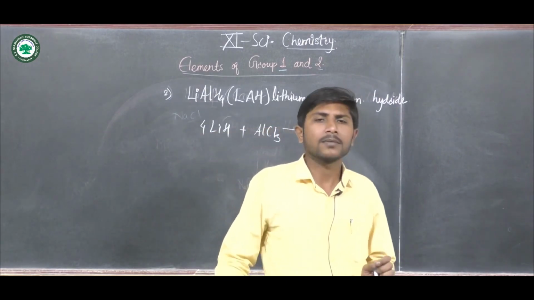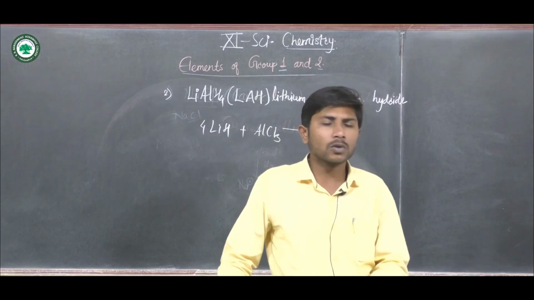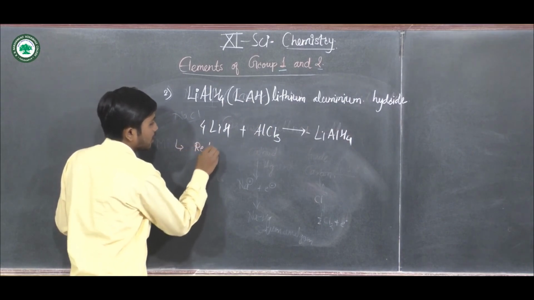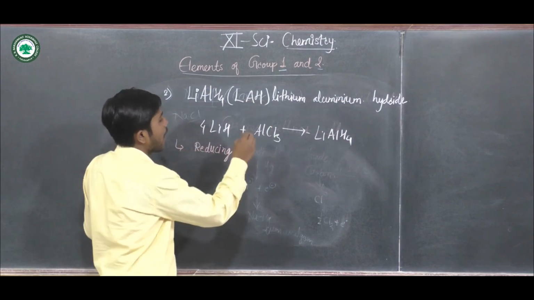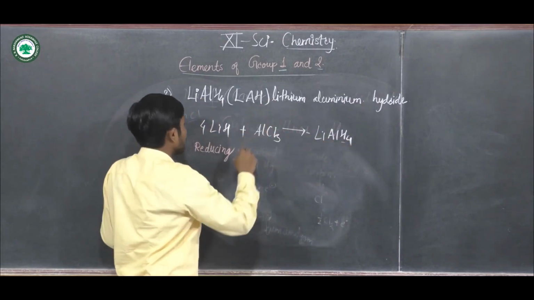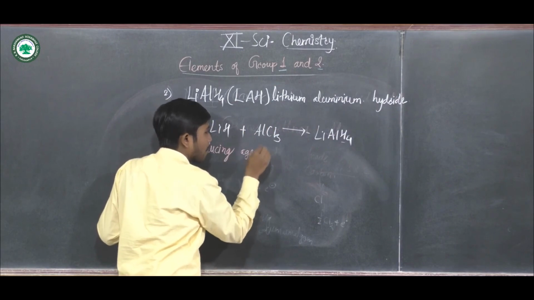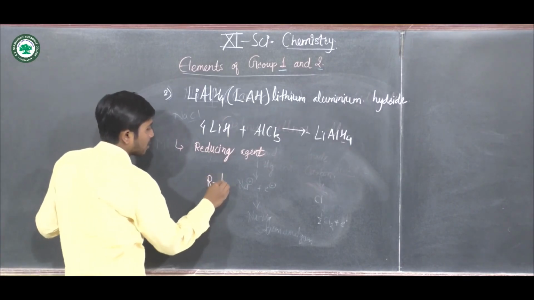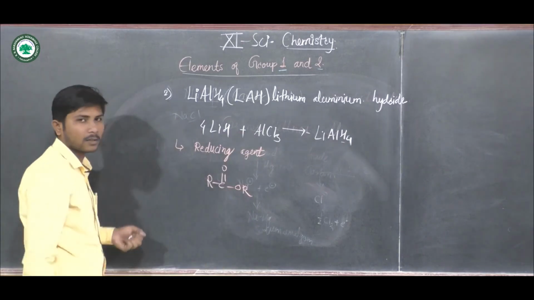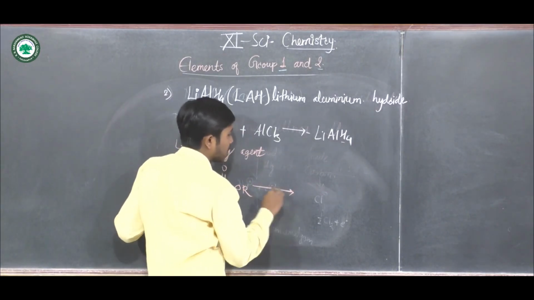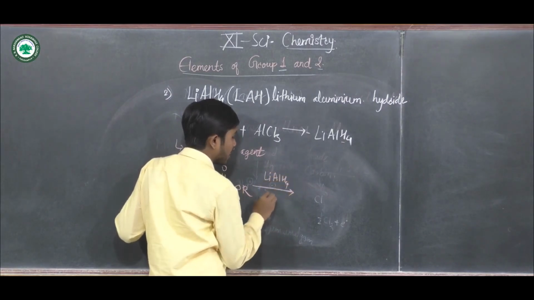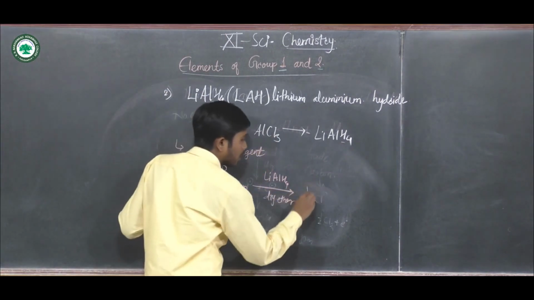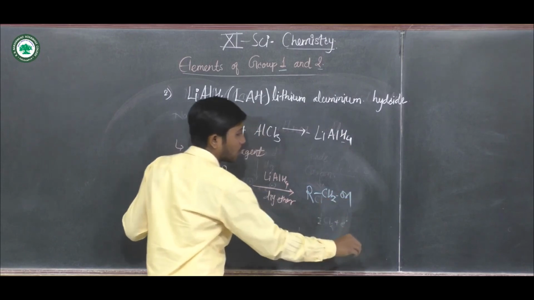It is mainly used as a reducing agent, as it carries 4 hydrogens and will donate hydrogen. For example, when an ester is reduced using lithium aluminum hydride in the presence of dry ether as a solvent, the product will be RCH2OH.